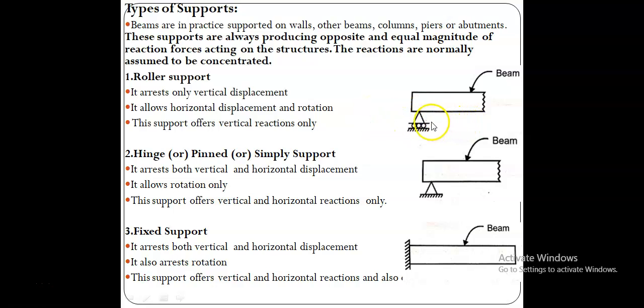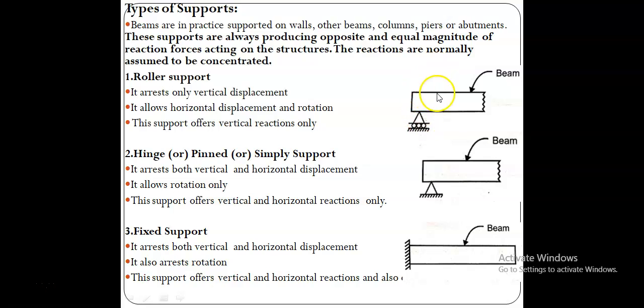This means there is no resistance offered along the horizontal direction, because it has frictionless rollers, and therefore it moves laterally or horizontally. So it doesn't offer any horizontal resistance. It allows horizontal displacement, and it also allows rotation.